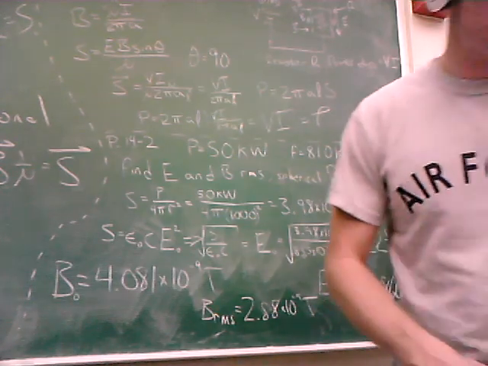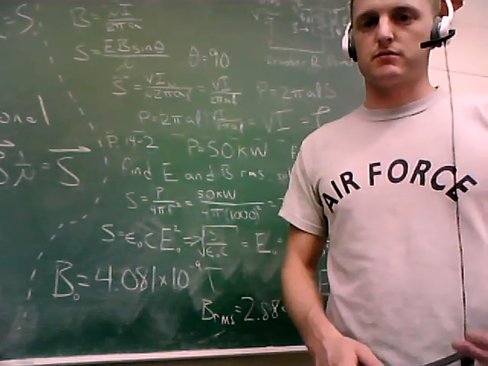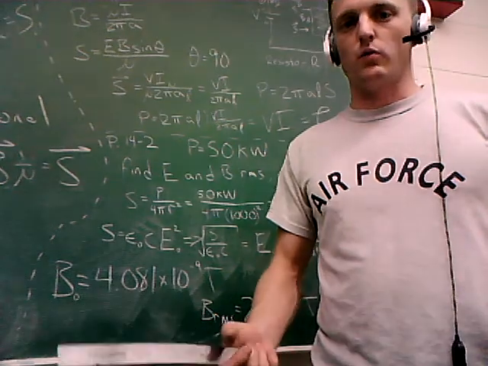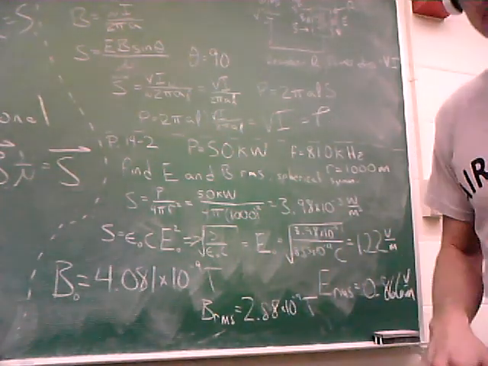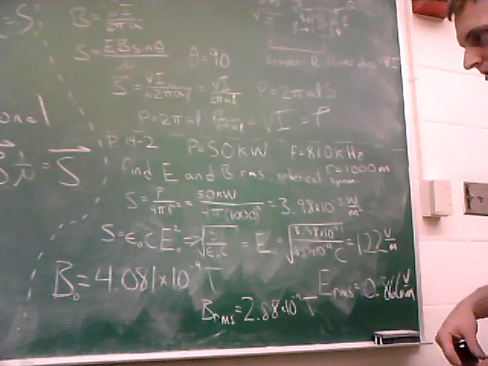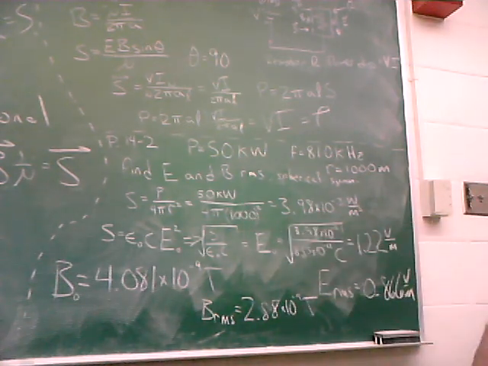I'll leave it up to you to look it up, but it's really just dividing by the speed of light. After you do that, I've got 4.081 times 10 to the negative 9, roughly 4 nanotesla. And you take the root mean square, I got 2.88, roughly 3 nanotesla.